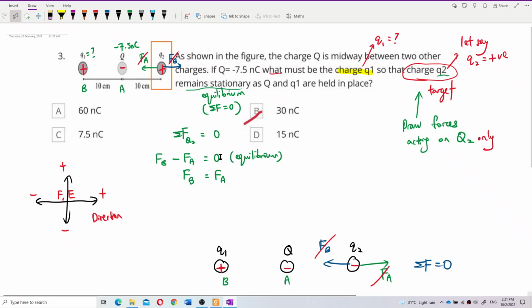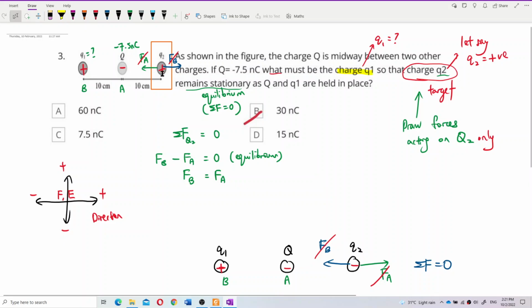So let's look at FB. FB is between Q2 and Q1.